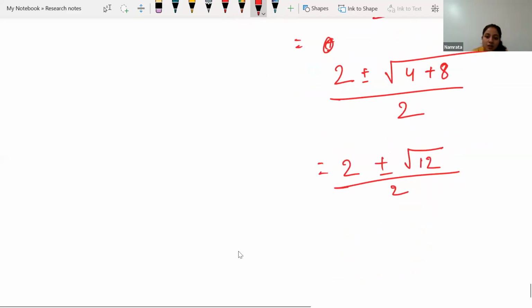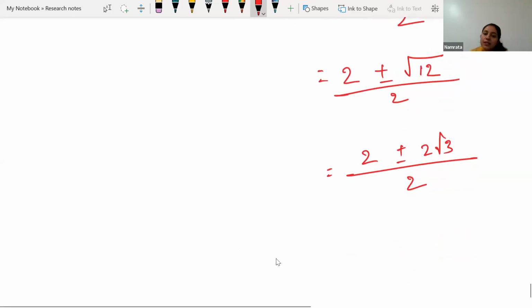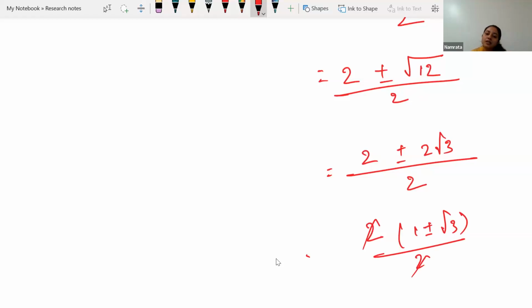Okay, let's factorize this 12. So we have 4 times 3, that means 2 root 3 over here. In the denominator we still have 2. If we take 2 common from here, we'll have 1 plus minus root 3 by 2, the 2 gone. So we got two values of x, 1 plus root 3 and 1 minus root 3.